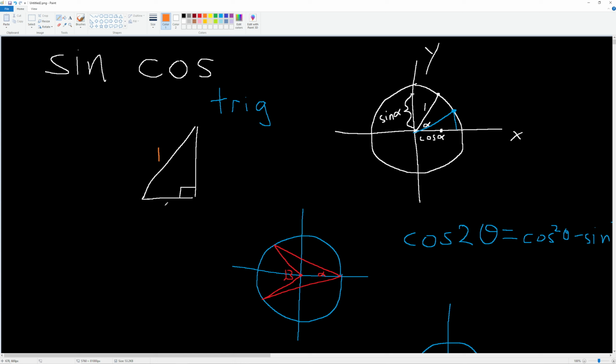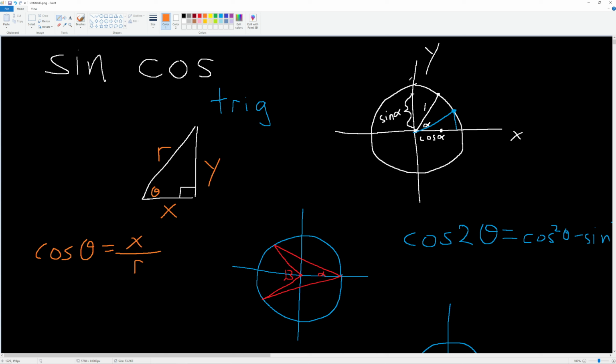And we have some, let's just call it an x value and a y value. By definition, we say that the cosine, and let's call this r for right now, of this angle, let's say theta, equals the adjacent over the hypotenuse, so x over r.